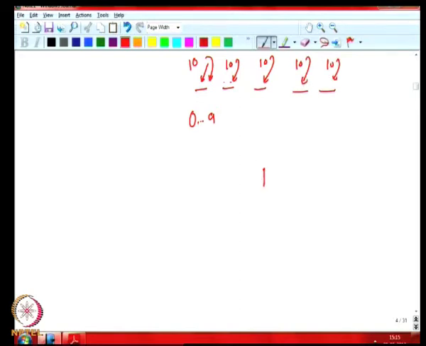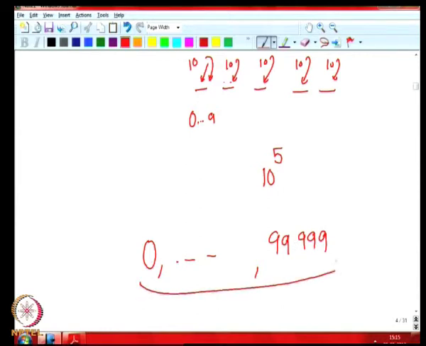Therefore, the total number of possibilities is 10 raised to 5. It is quite easy to verify also, because starting from 0 we reach 99,999.